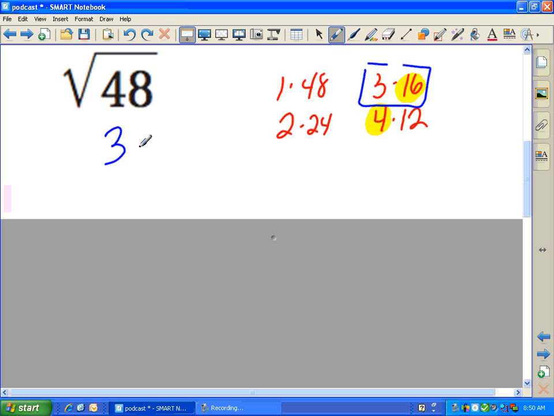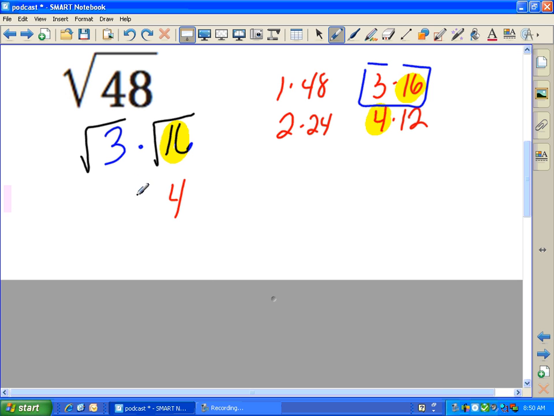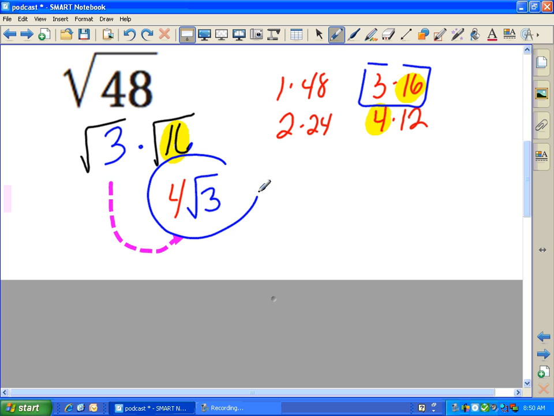So I have 3 times 16 gives me 48. It's really the square root of 3 times the square root of 16. I'm always looking for perfect squares. Perfect square, square root of 16 is 4. I cannot break down the square root of 3 because that is an imperfect square. That's an irrational number. So the solution to this problem would be 4 square roots of 3.